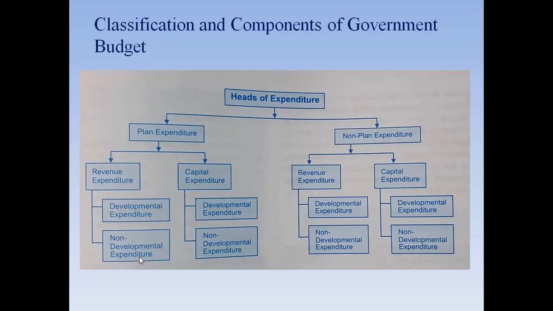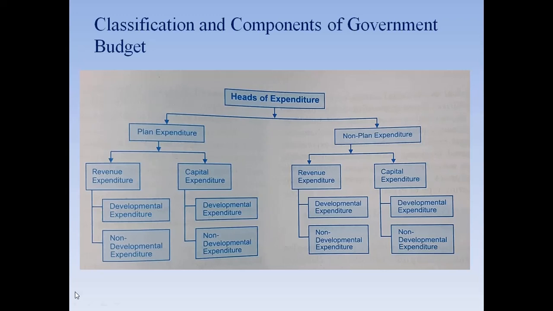Now non-developmental expenditure can be, for example, building up of a statue of a great national hero, or payment of salaries to the government employees. So that is your non-developmental expenditure. However, development is there by providing salary also, but it varies from perspective. So that is your revenue expenditure part.